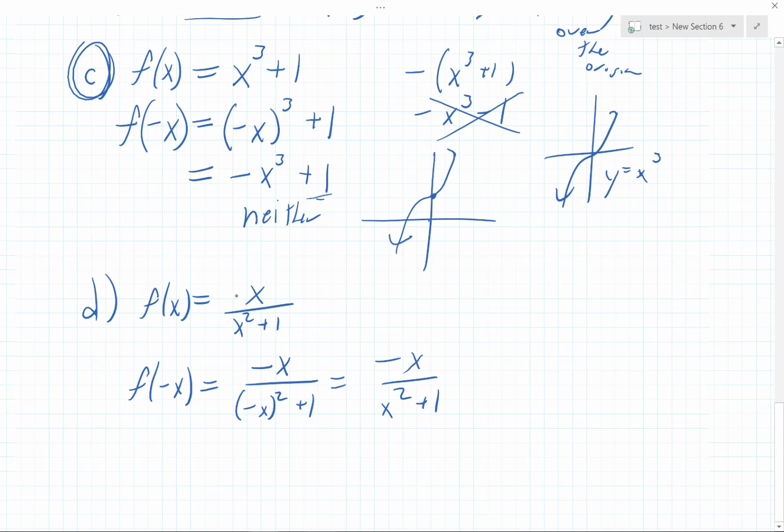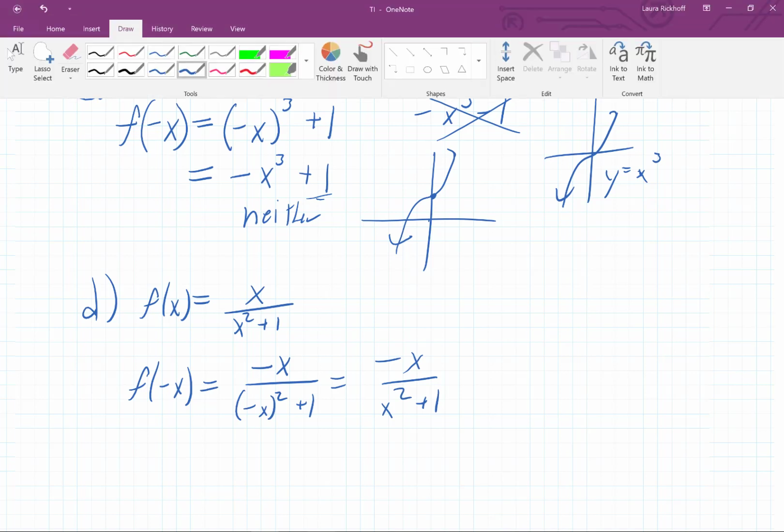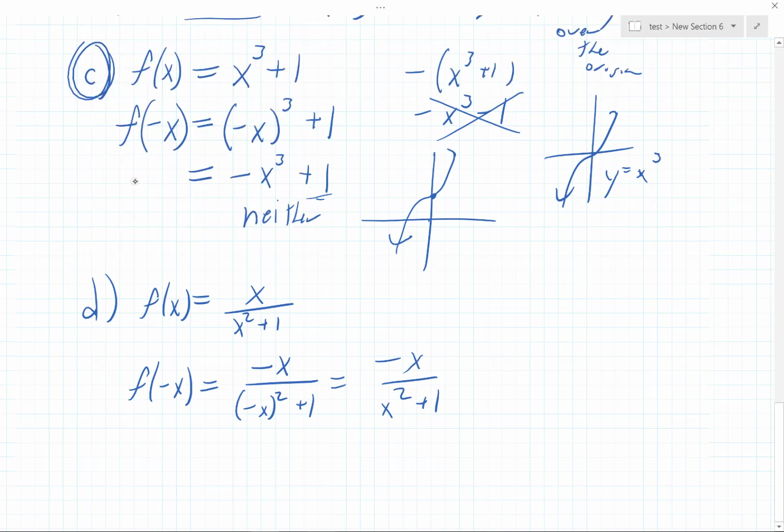If I just slapped on a negative to the original function, yeah, I match, right? Notice you don't do it to top and bottom, otherwise you'd be dividing by a negative 1. It's just negative this, and you can choose to give the negative to the top or the bottom. So that guy is good.